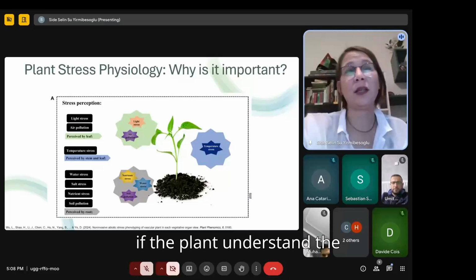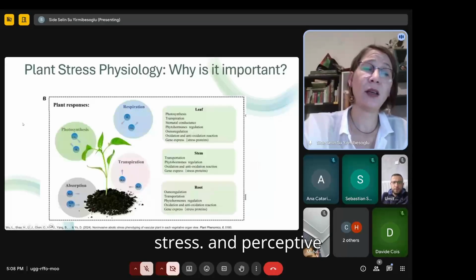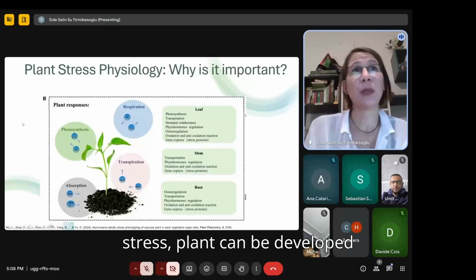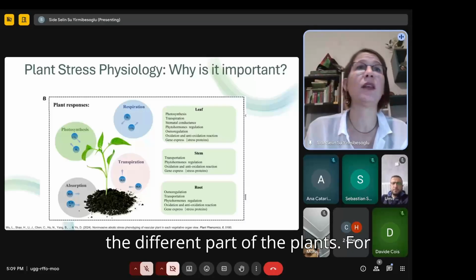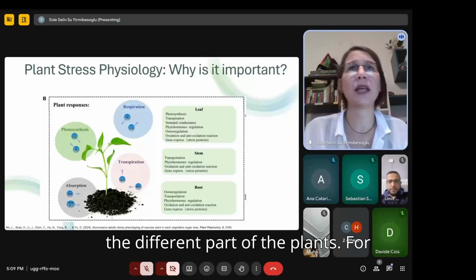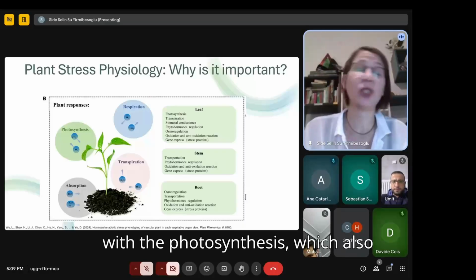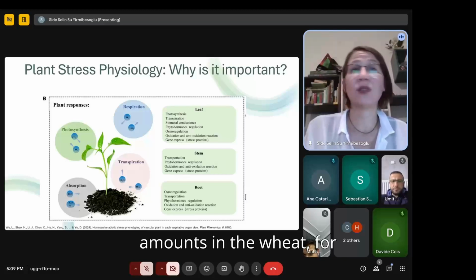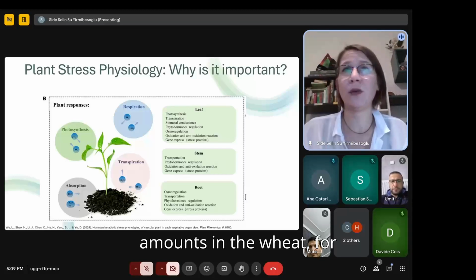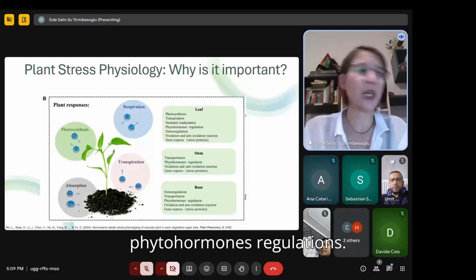If the plant perceives the stress, it can develop responses which are directly related to different parts of the plant. For example, in the leaf, it can be related to photosynthesis, which is also related to grain amounts in wheat, for example, or in the roots, transportation or phytohormone regulation.